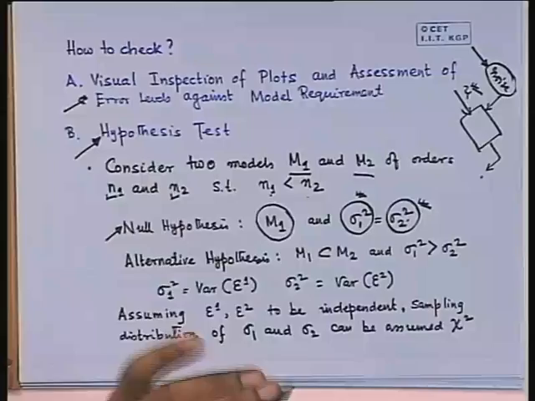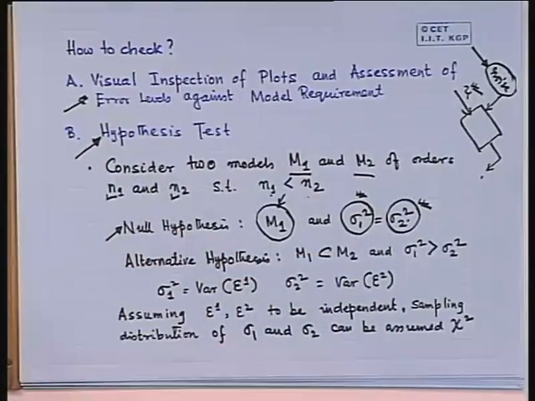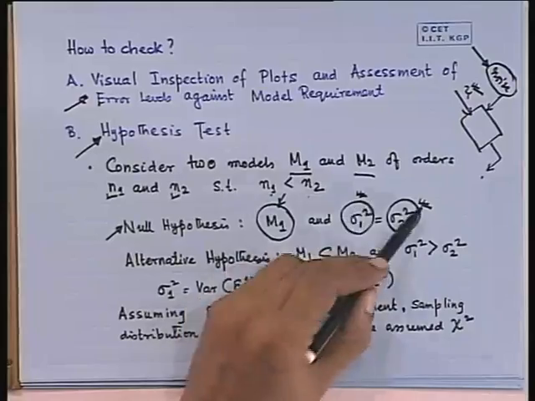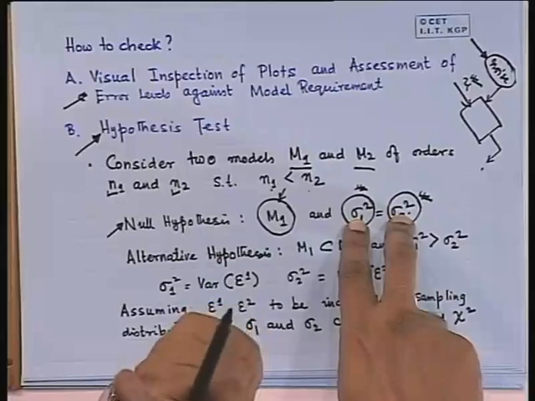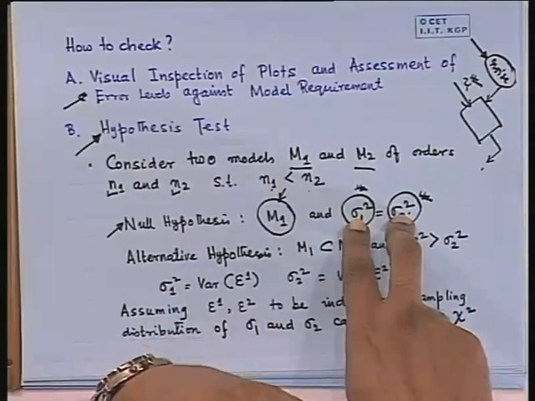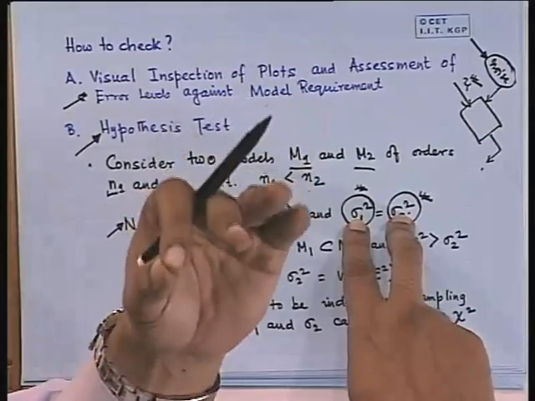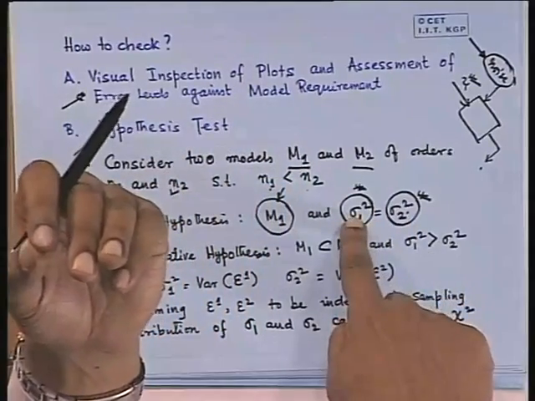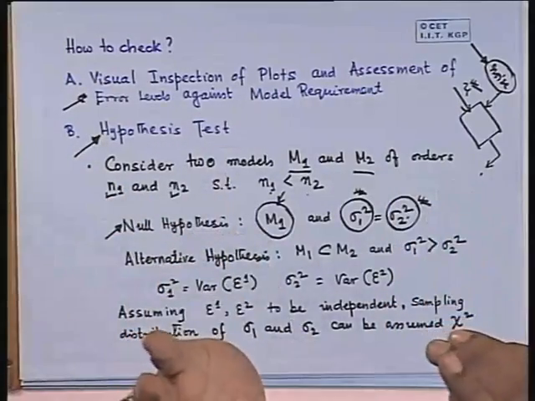So I will accept this model to be the true model if these variances are the same. That is the hypothesis I am making. But I don't know these variances. I only know one sample from each random process, because I have got one set of data. Based on those samples, I have to make my decision, because I cannot conduct 10,000 experiments.